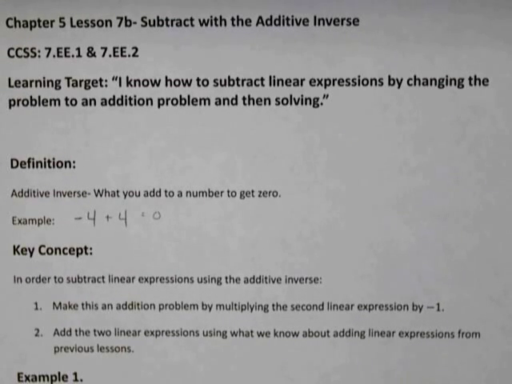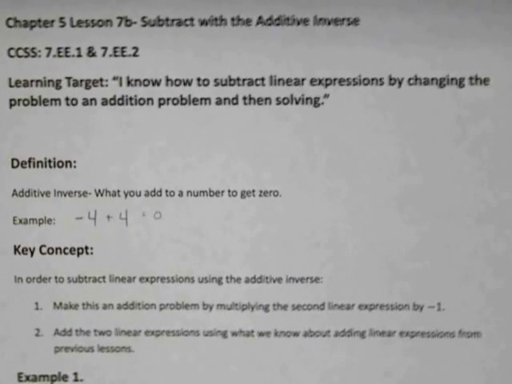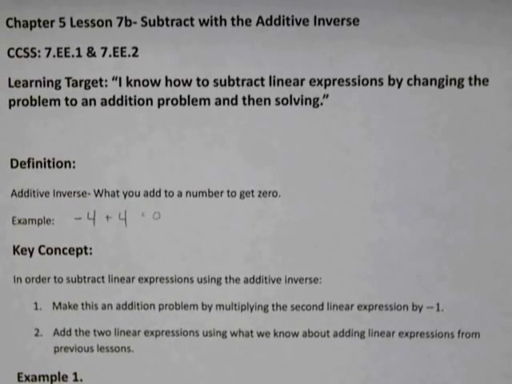So let's go over the key concept here of how to subtract linear expressions using the additive inverse. The first thing you need to do is make it an addition problem by multiplying the second linear expression by -1. Okay, that's going to completely change everything that expression is, and that's how you find the additive inverse of a linear expression.